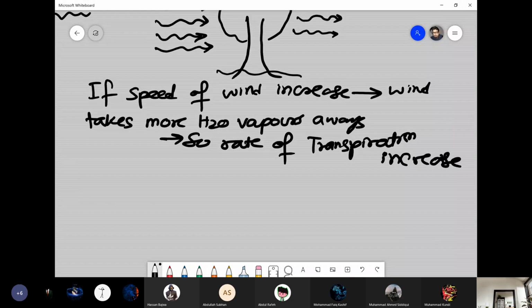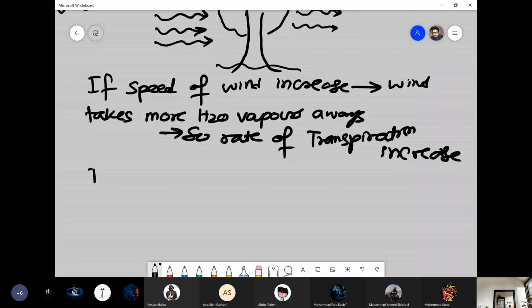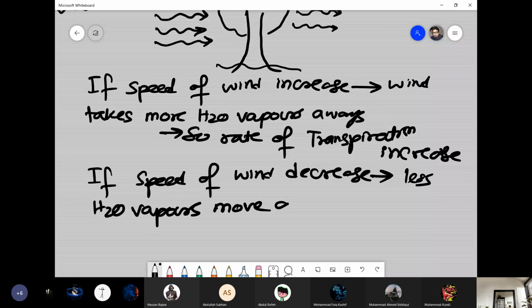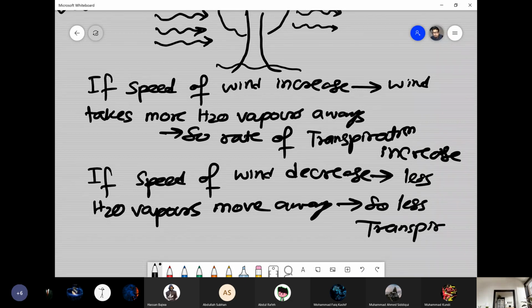And if speed of wind decreases, less water vapors move away, so less transpiration will take place.